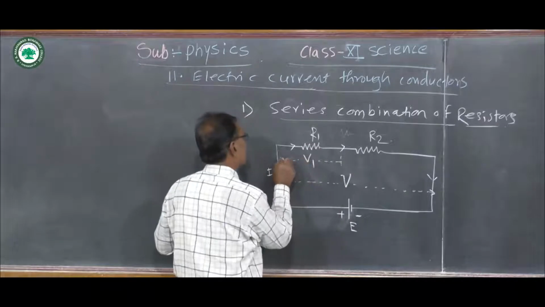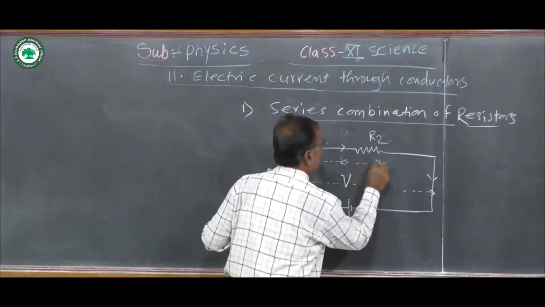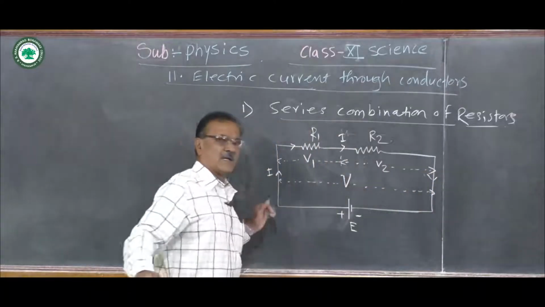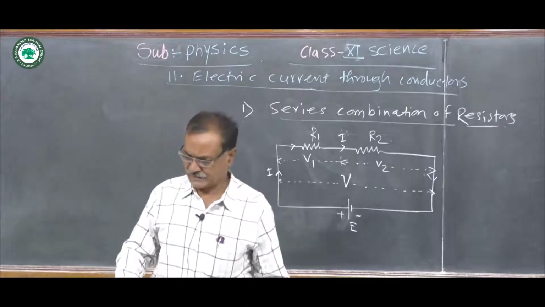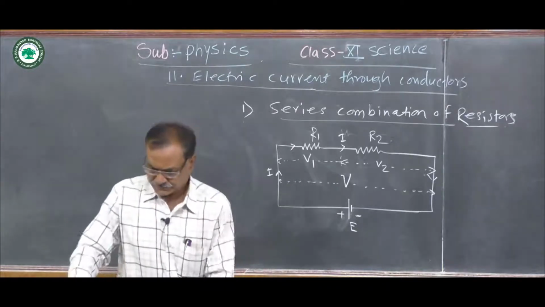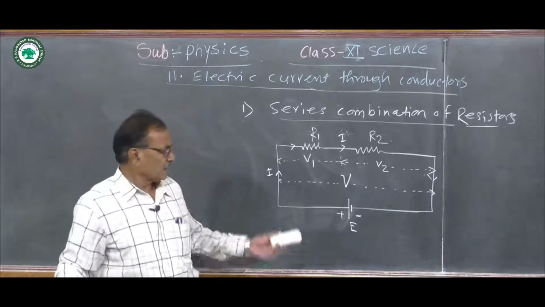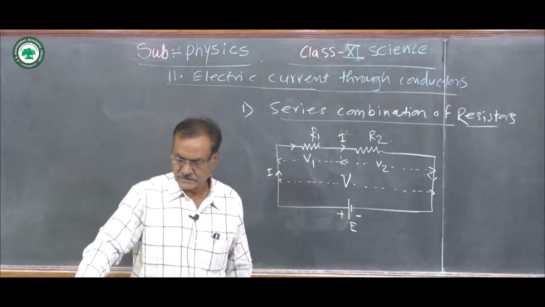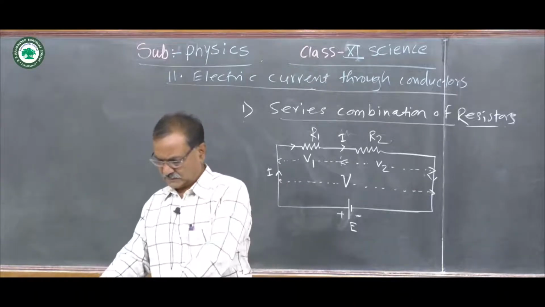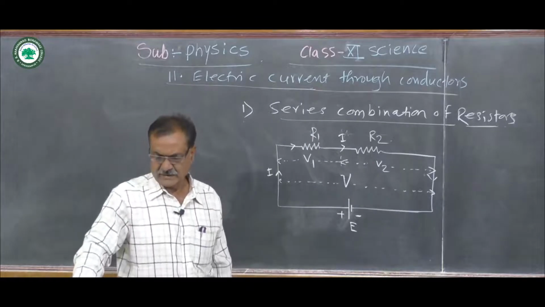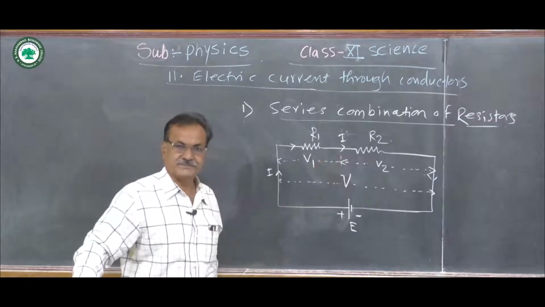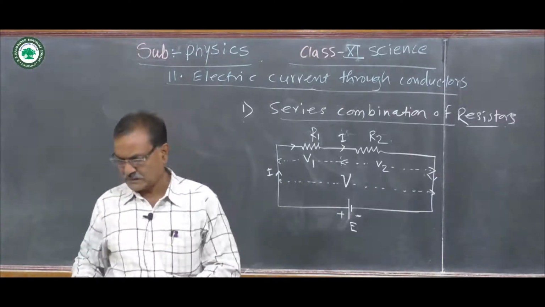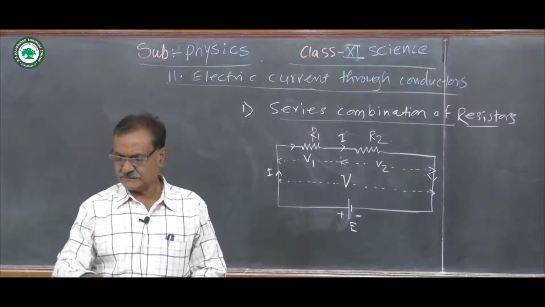That is, V1 is across R1 and V2 is across R2 when an electric current is flowing through each resistor. Now, the supply voltage is divided in the circuit and the current remains the same. The current remains the same in all series connections.